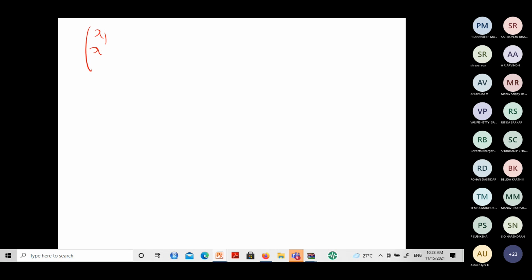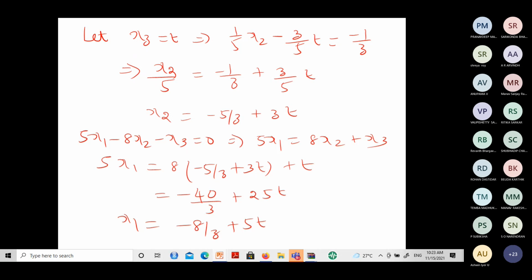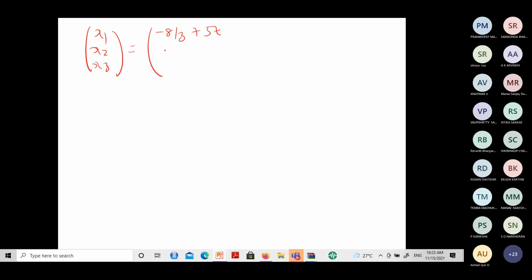So x1, x2, x3 is equal to minus 8 by 3 plus 5t, minus 5 by 3 plus 3t, then t, such that t is any real value. So infinitely many solutions, right? Okay, got it?